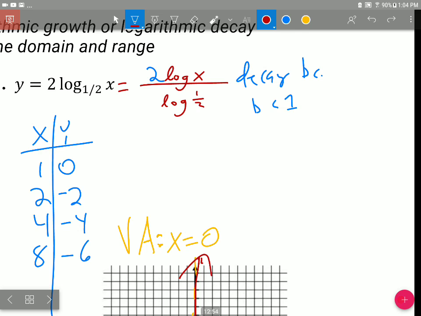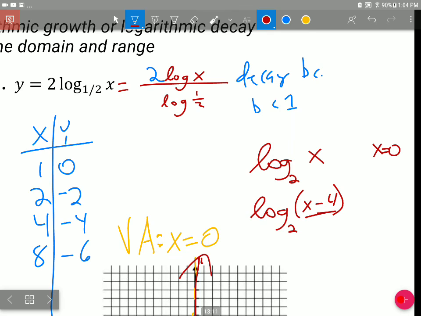All right, so here we go. Let's say I got log base 2 of x. That has a vertical asymptote at x equals 0. But if I subtract 4 on the inside, do you remember what that does to the graph? It doesn't flip anything.